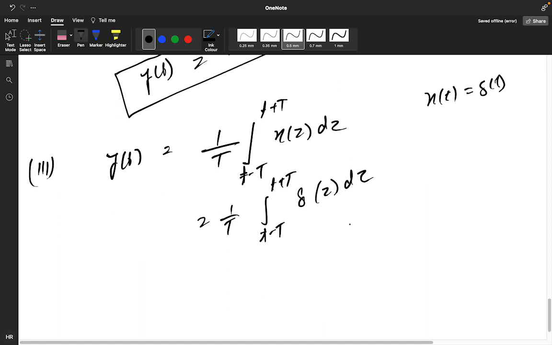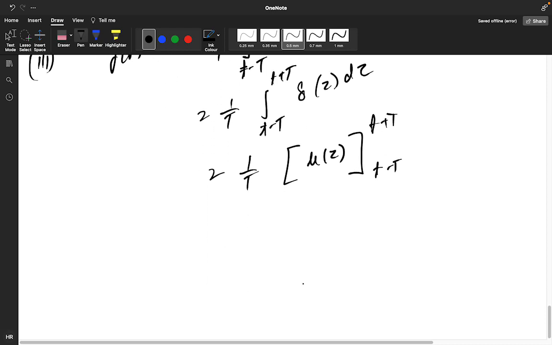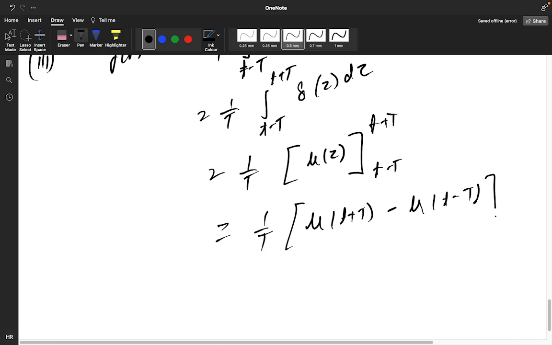What result will you get? The integration of delta t is u of t, so it gives u of t plus T minus u of t minus T. Put the limit: 1 by T times u of t plus T minus u of t minus T. Very simple.